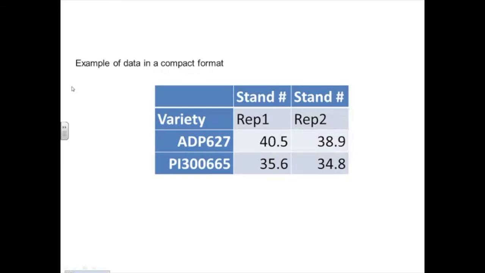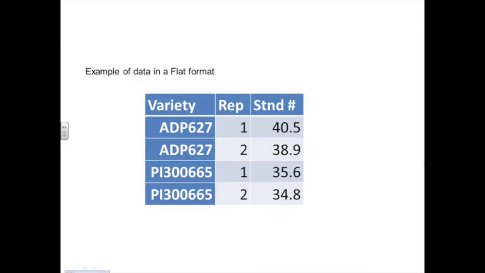All right? So, here's an example of compact format. Okay? So I have my replicates, which are stands, and I have my varieties or germplasm lines or accessions. Okay? And then I have some data collected for those. Compact format. All right?